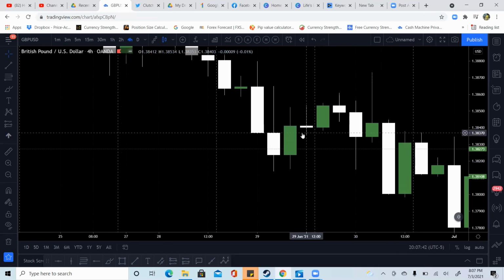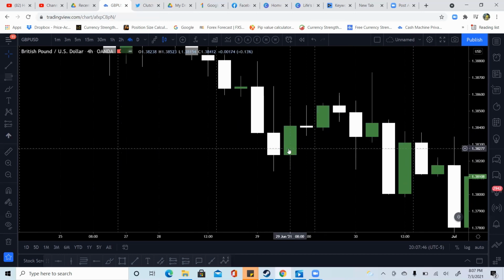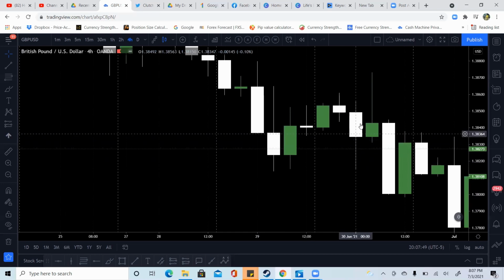So this is reading chart flow. I'm doing it live so you can see how it's done. So you see that there's wicks at the top side, wicks at the bottom side, trying to reject the price. So basically, look at this candle here. This is a really good instance of candle flow. So the price opened here. It went up for a little bit, then it sold down, and then the buyers come in and try to push the market up.